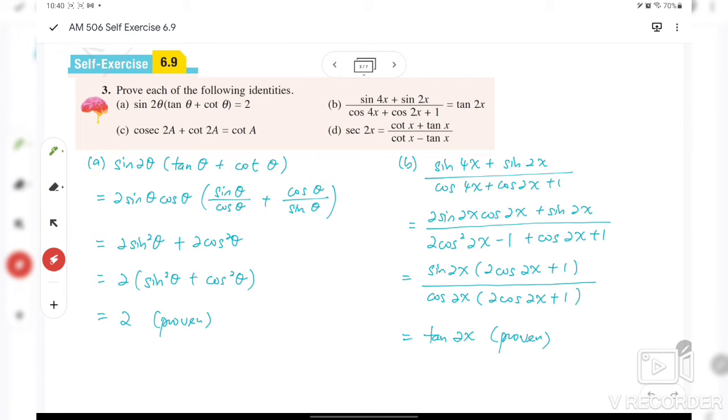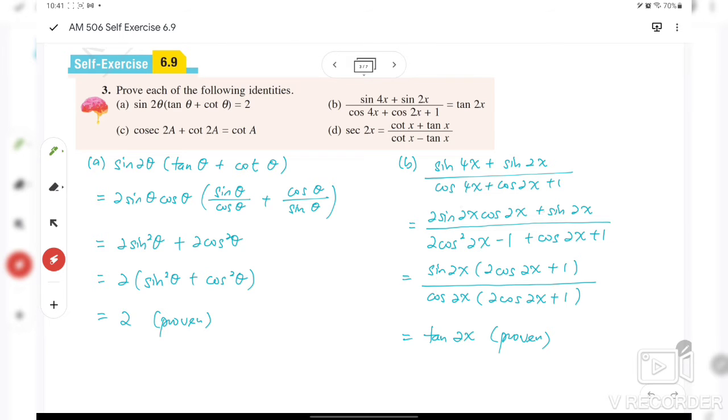B. Sine 4x plus sine 2x over cosine 4x plus cosine 2x plus 1 equals tangent 2x. We start from the left so that we can expand the sine 4x by 2 times sine 2x cosine 2x, and then plus the sine 2x. Down here, cosine 4x plus cosine 2x plus 1, we expand cosine 4x with 2 cosine square of 2x minus 1, plus cosine 2x plus 1.